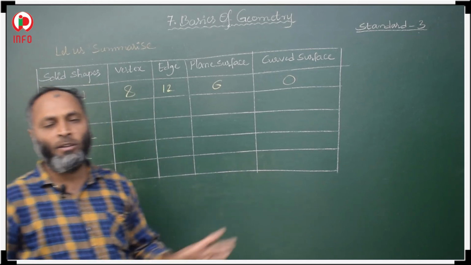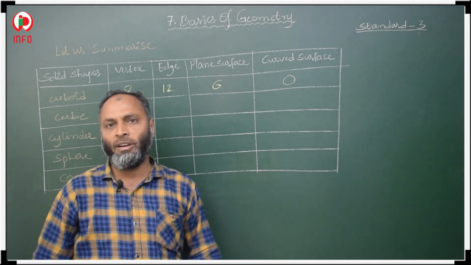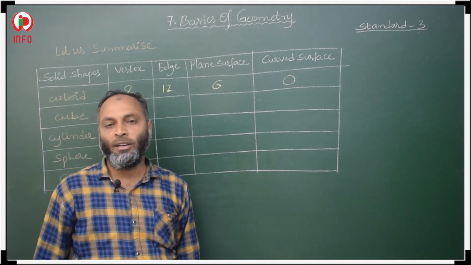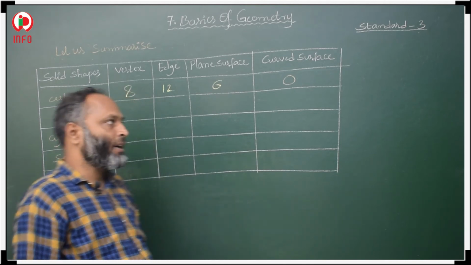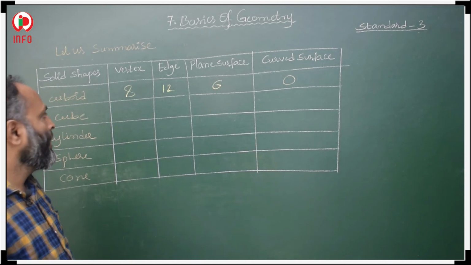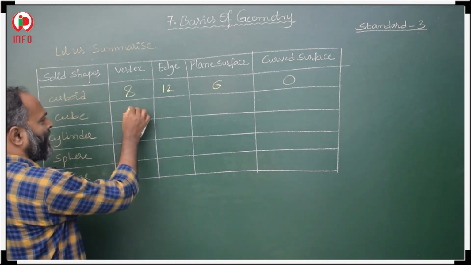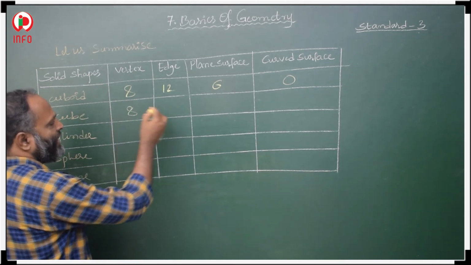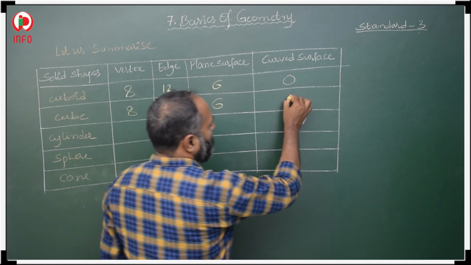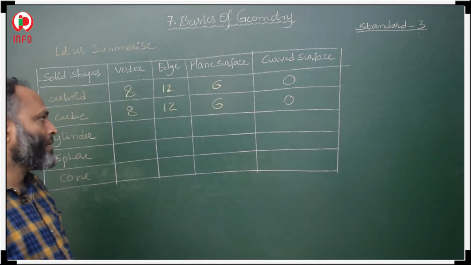Cuboid means rectangular shaped, like a chalk box. If a box is rectangular, then that is a cuboid. A cube is a square-shaped box, and the cube also has 8 vertices, 12 edges, 6 plane surfaces, and 0 curved surfaces.